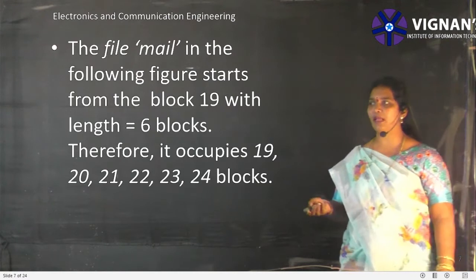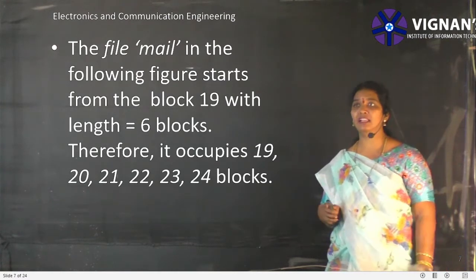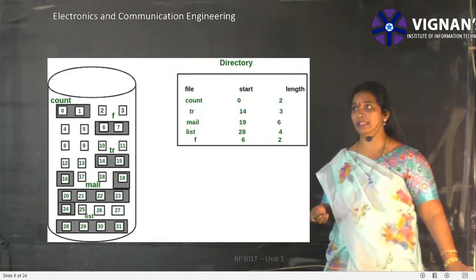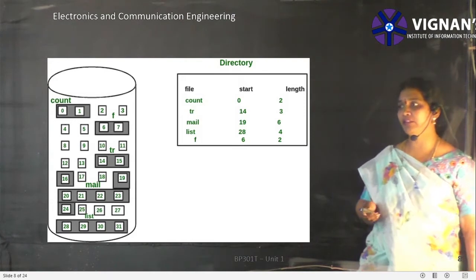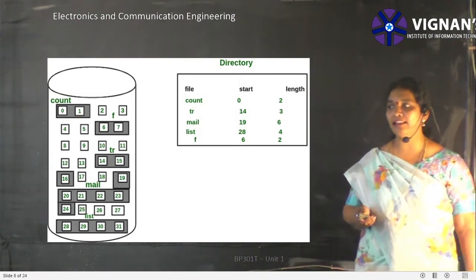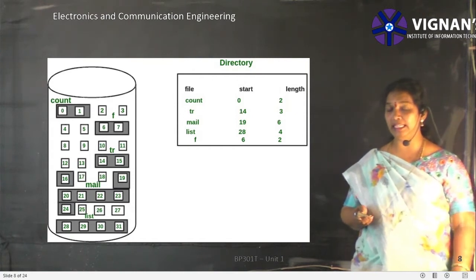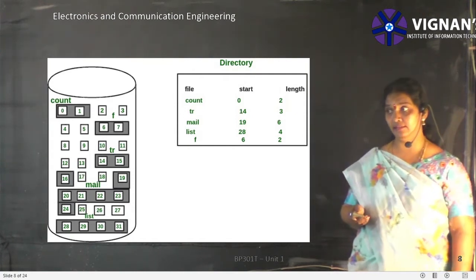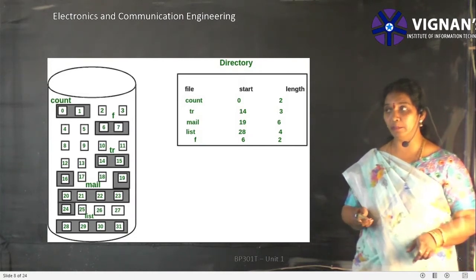So in this example we have shown a file called mail. The starting block of this mail is 19 and it is occupying 6 blocks.